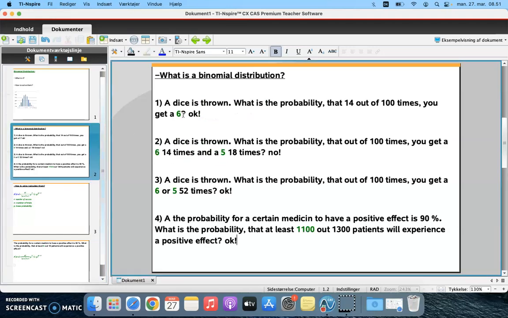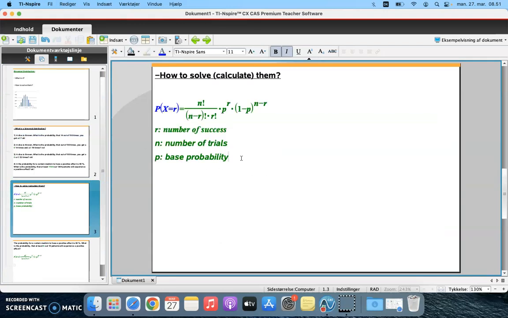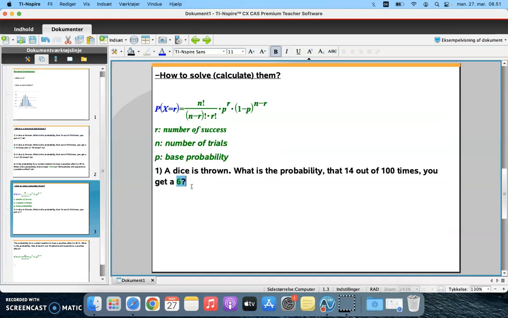Let's take an example. Let's take the first example here. Well, this says a dice is thrown. What is the probability that 14 out of 100 times you get a 6? So what is the r? How many successes do we want? What is a success? In our case, it is to get a 6. So what is the probability of getting a 6 when you throw the dice once?